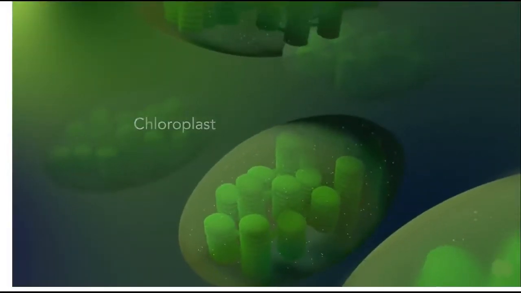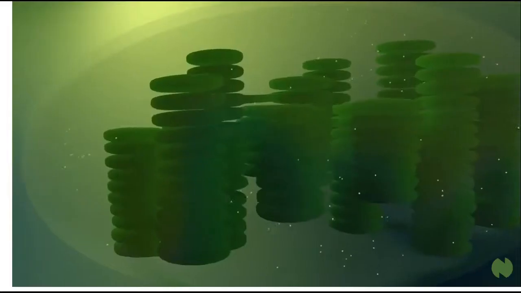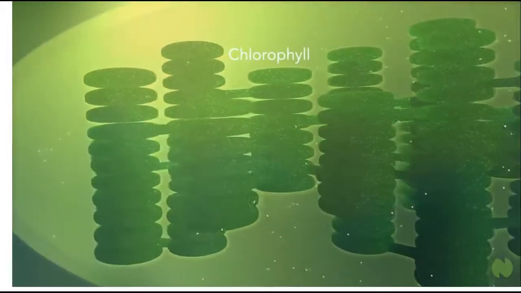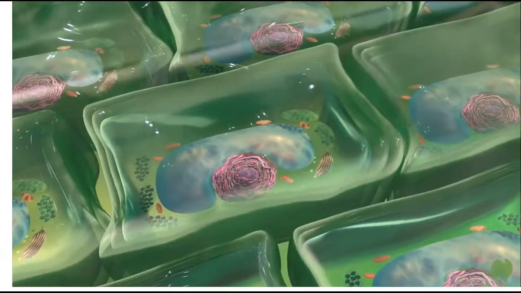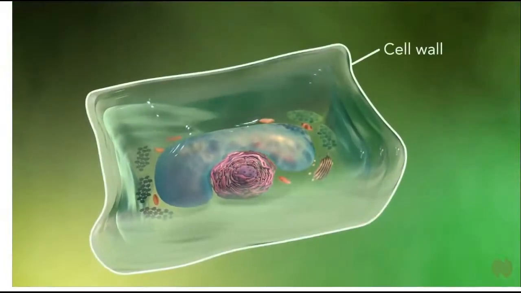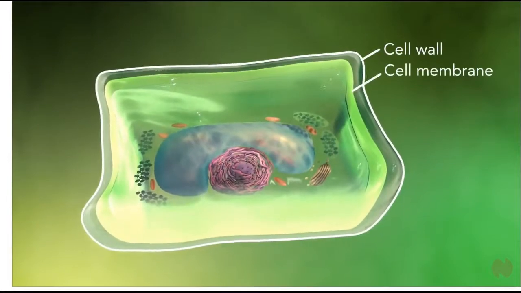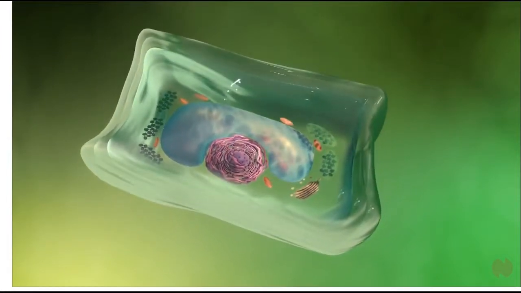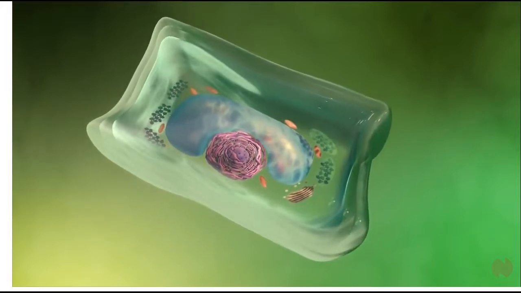The chloroplast is where photosynthesis happens. It's green because it has a green pigment called chlorophyll. Plant cells also have a cell wall outside of their cell membranes that shape, support, and protect the plant cell. Animal cells never have a cell wall.